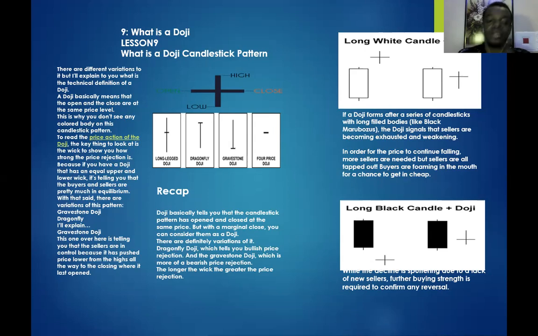So the shapes and the bodies of these different dojis are all the same thing, but the indecision is taken to the position whereby the buyers or the sellers are in charge.